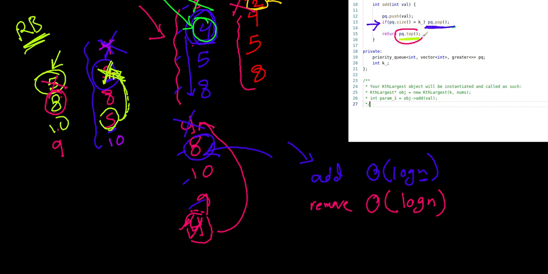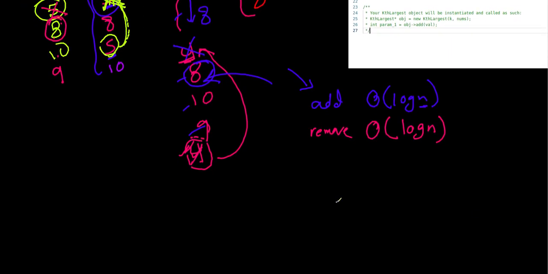Here, pq.top, when we return the smallest element without removing it, the time complexity is O(1), constant time, because it accesses the root directly. So the time complexity for the whole algorithm is, if we have m queries in addition, m multiplied by log n.